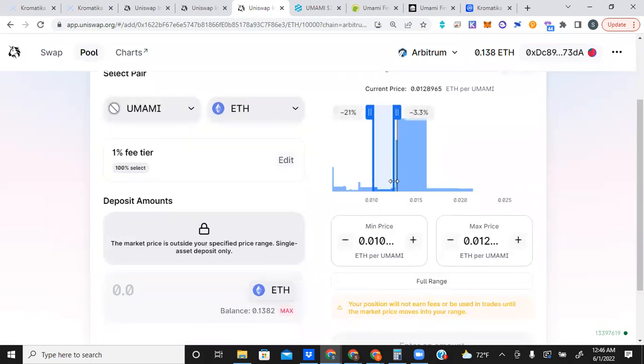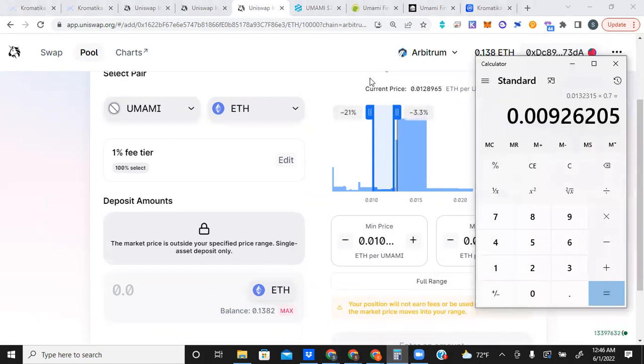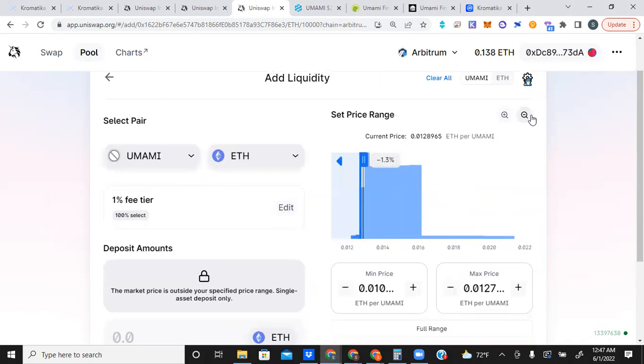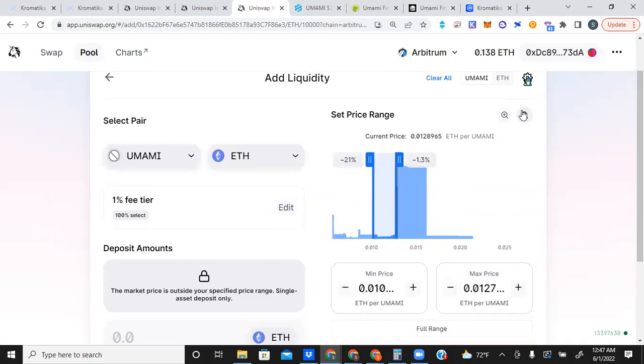And if there's $1 million worth of trading over the next couple of days, and you're able to get a percentage of that, it could be a pretty high APY investment if you're able to get a significant amount of these fees. So just wanted to keep in mind that there is an opportunity to farm there.